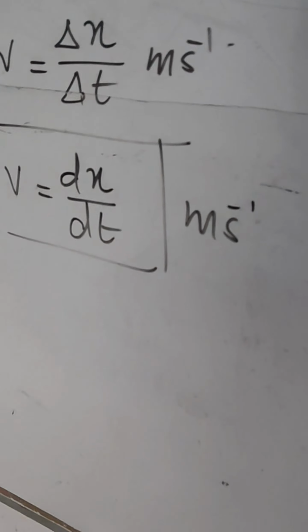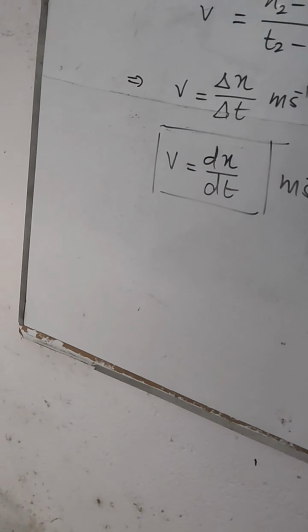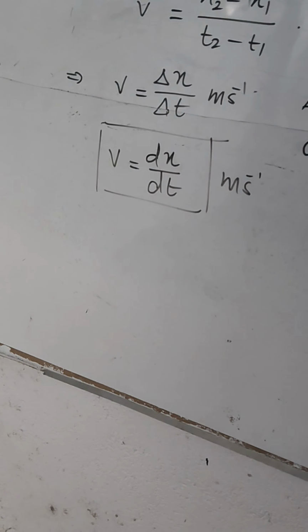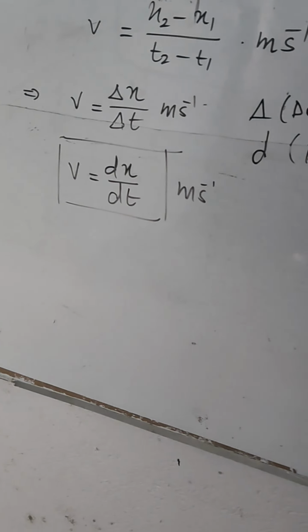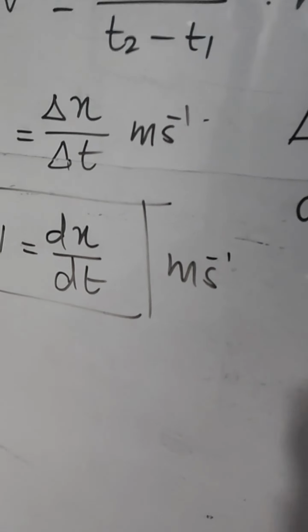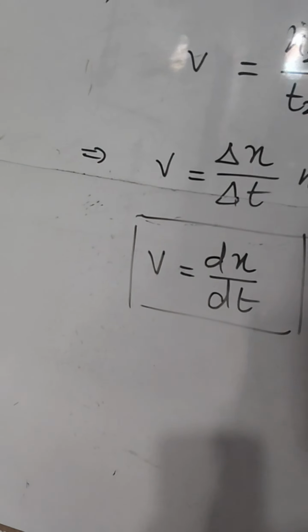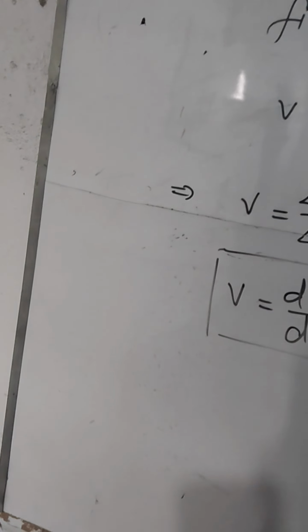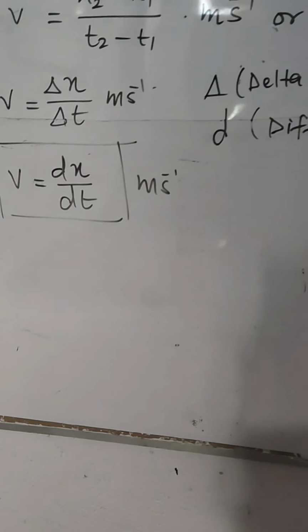Okay, when this formula is applicable, you would face some problems, or some of you already know. Sometimes the position is not given as values like 2 meter, 5 meter, 10 meter, or in terms of coordinates 2, 5.